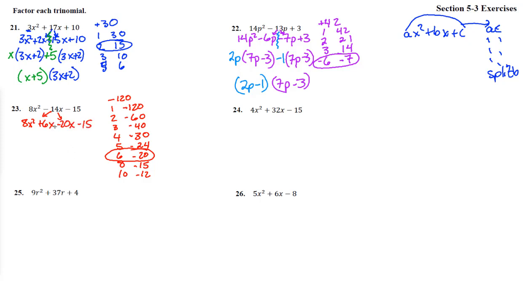Now, the question often comes up, could I have written it as minus 20x and plus 6x? Yes. You'll notice the factor that ends up green and the factor that ends up blue, if you switch these two places, it will simply have the green be the 3x plus 2 and the blue be the x plus 5. So it just switches which one is found in two places to come out. So really it doesn't make much of a difference at all.